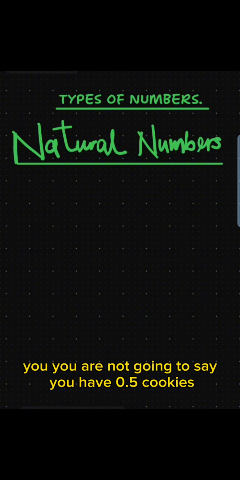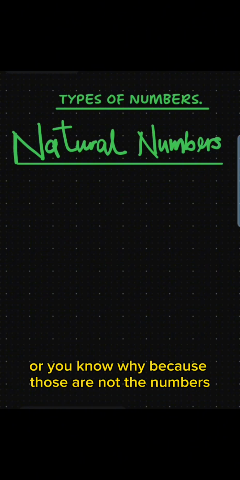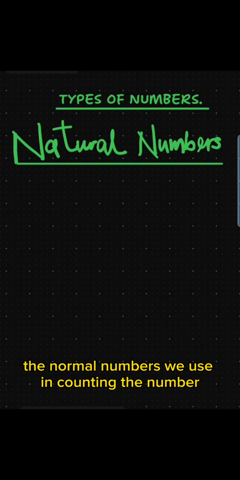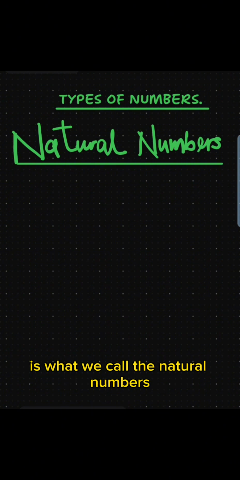You're not going to say you have 0.5 cookies or 4.2 cookies or the square root of 5 cookies. Why? Because those are not the normal numbers we use in counting. The normal numbers we use in counting in our day-to-day life is what we call the natural numbers.